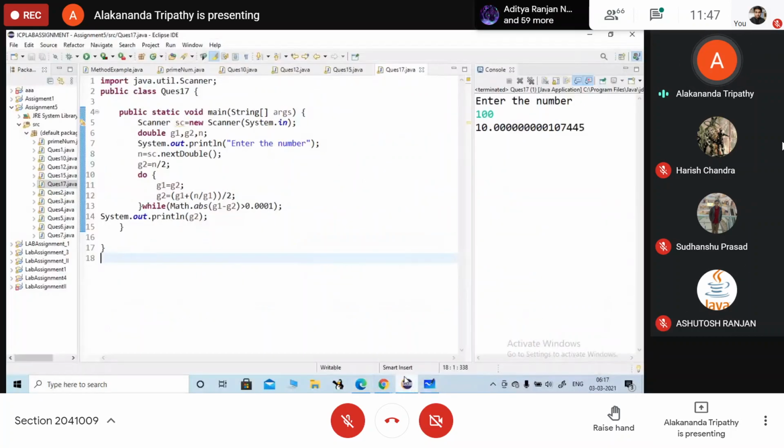That means you write the formula so that if you give 3 it finds the cube root, 4 the 4th root, 5 the 5th root. So here you only need to change this part.